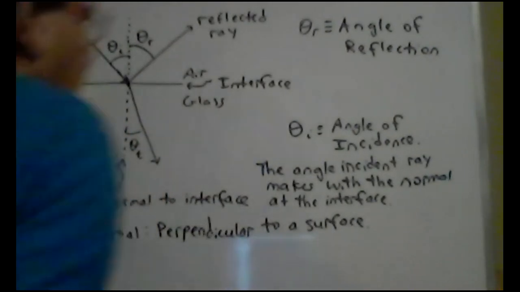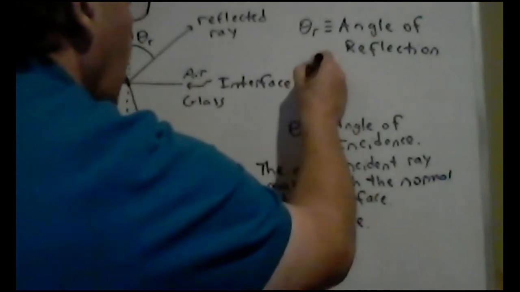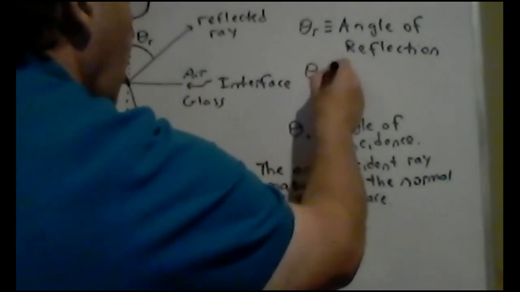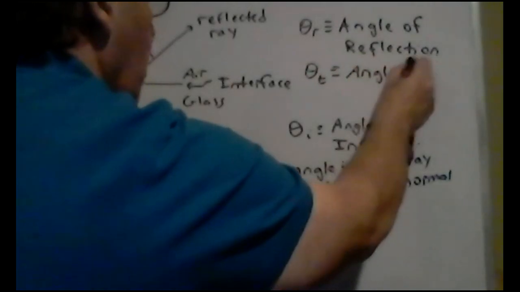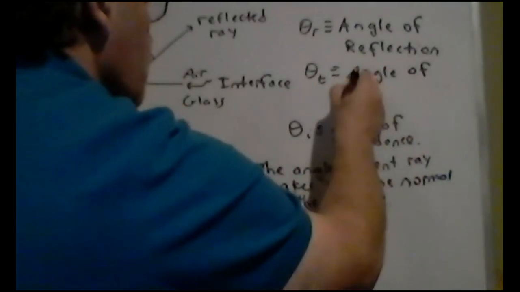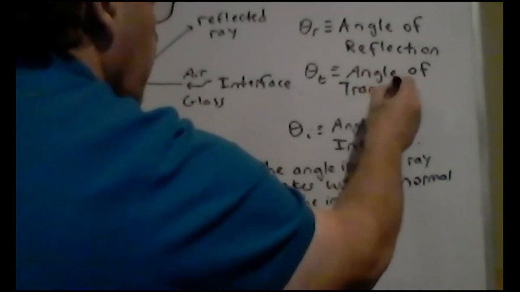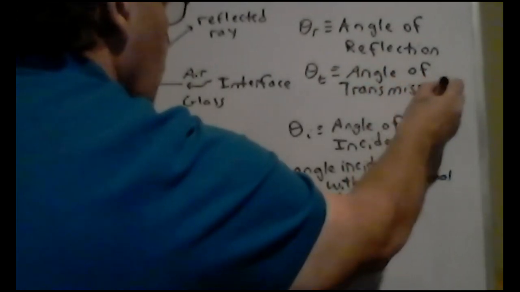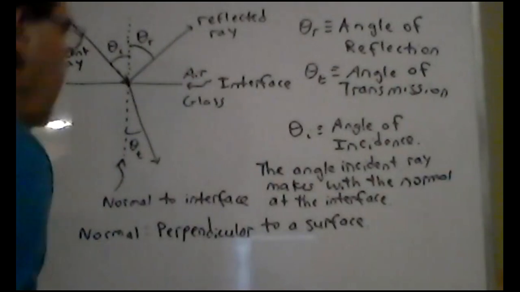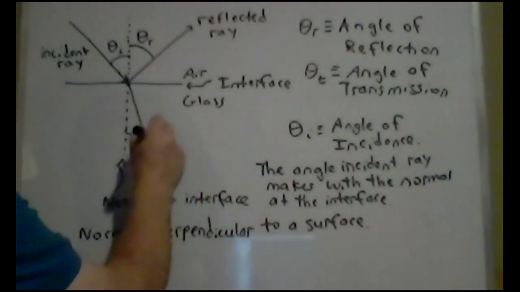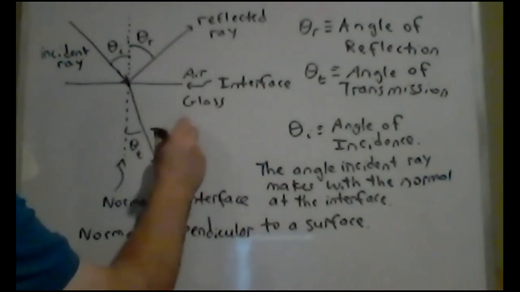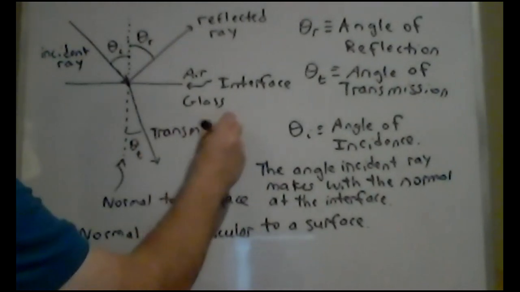Theta sub t is the angle of transmission. So a single ray of light. Again, this is a transmitted ray. Follow along with my labeling here.